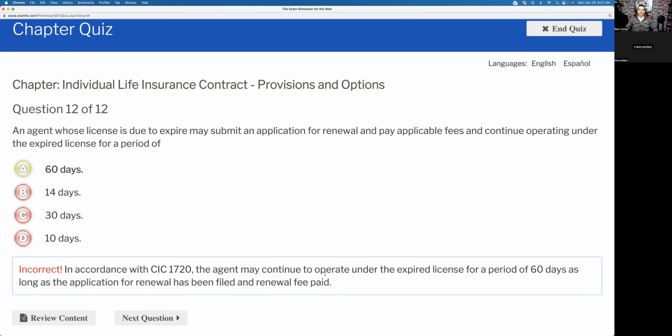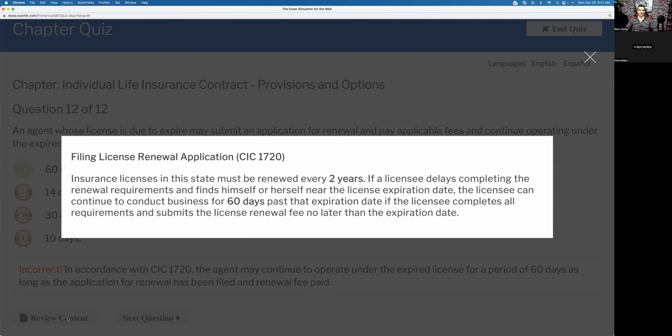According to this, the agent can continue to operate under an expired insurance license for 60 days, as long as the application for renewal has been filed and fees paid. Got it. So 60 days? Is it 2 years or 2 months?